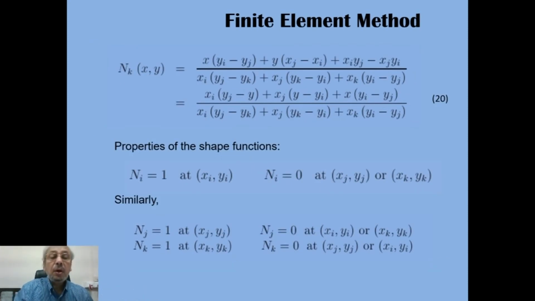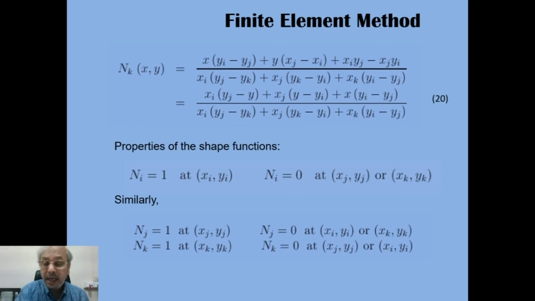So if we recall what we studied in our first lecture on finite elements, these Ni, Nj, Nk have unique properties: at the point where it is defined it has the value 1, and at other points it has 0.